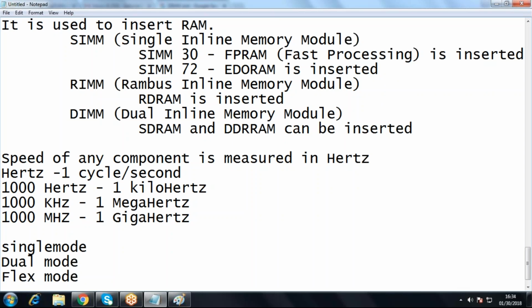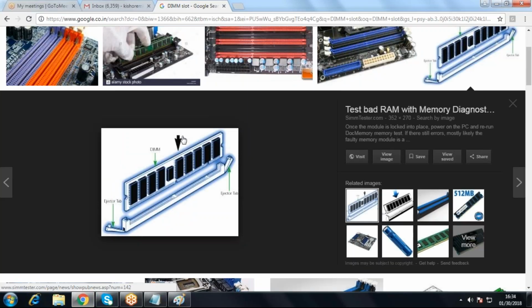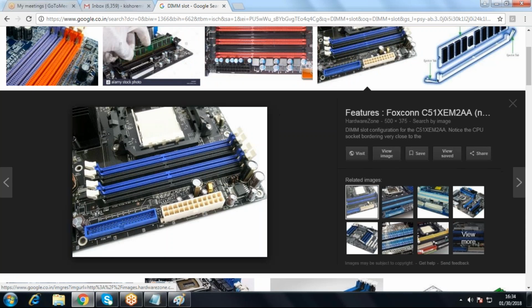Working at single mode, working at dual mode, working at flex mode. Single mode means, if I take this one example, I have inserted only one RAM in one slot. You're having only one RAM. That is single mode.